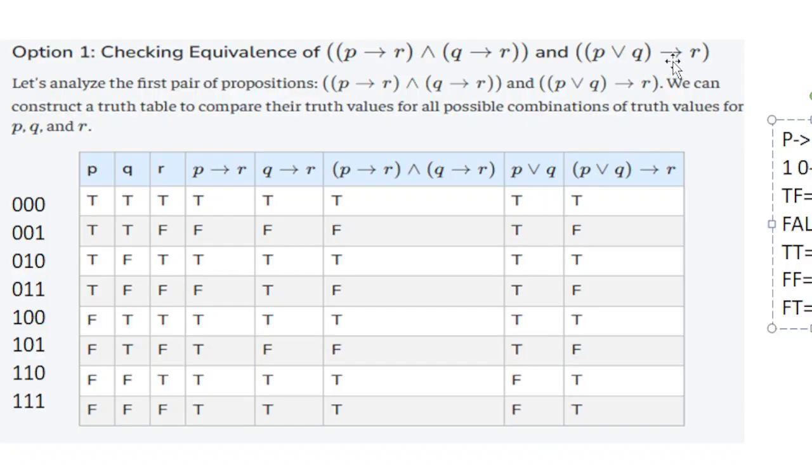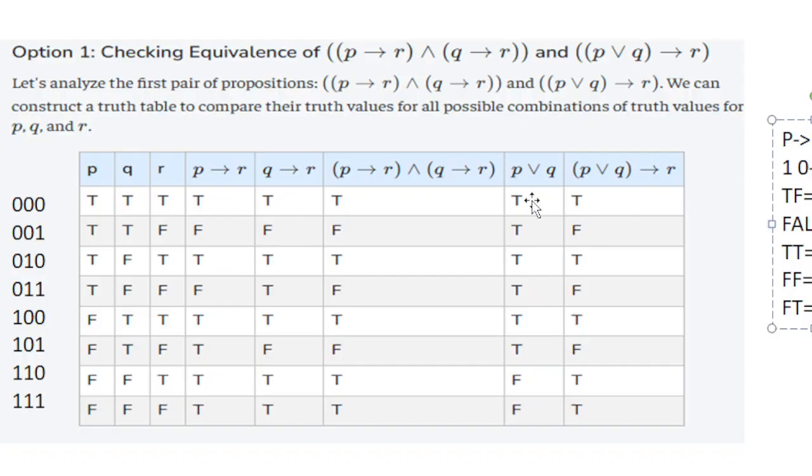Next, we have to find out P or Q implies R. We already got the P or Q value. With this we have to compare the R column. Whenever P implies R, here you can see the truth values. The result is false only when the condition is true and false.